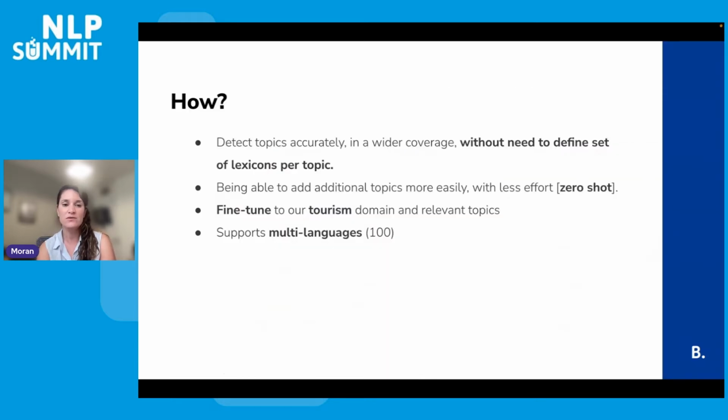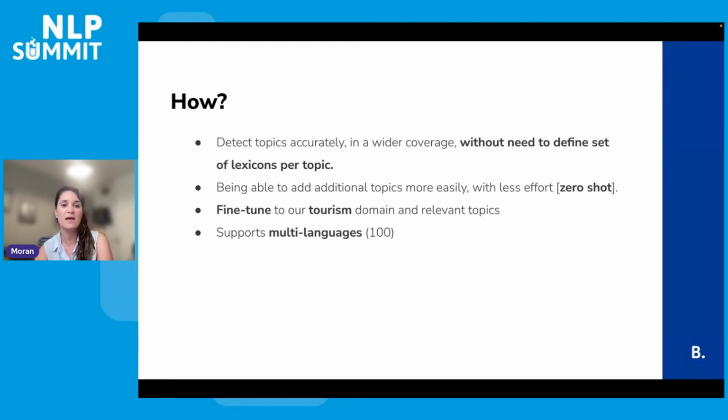So how can we build a model to support all of these use cases and this motivation? We want to detect the topics accurately with wider coverage, and we don't want to define a specific lexicon per topic. We don't want to specify that the keywords for romantic, for example, are couple, sunrise, sunset. We want the model to learn the relationships between the keywords and the topic.